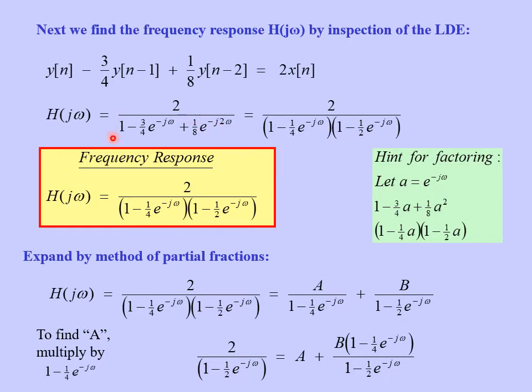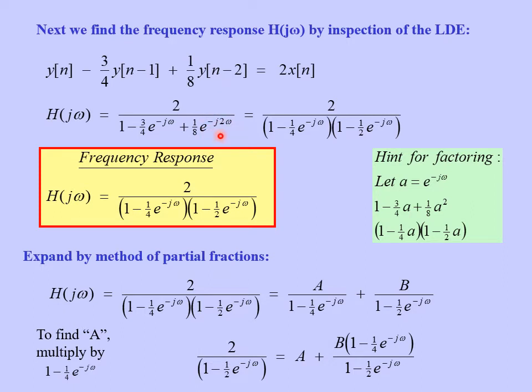So here we have written the frequency response of this system just by simple inspection, without really having to do any work at all. We just have to remember which goes on top, which goes underneath, and how to handle these delays.